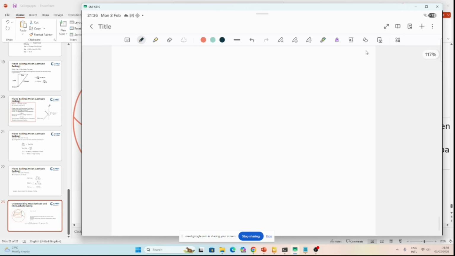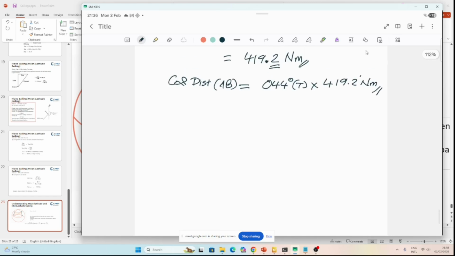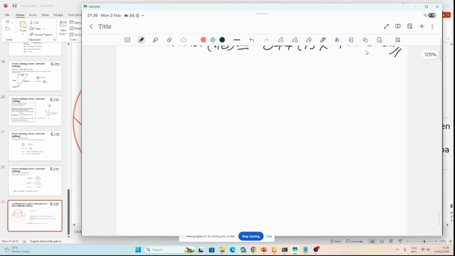I will also do it. You can also do it. Position A: latitude 01 degrees 30 minutes north, longitude 178 degrees 36 minutes east.